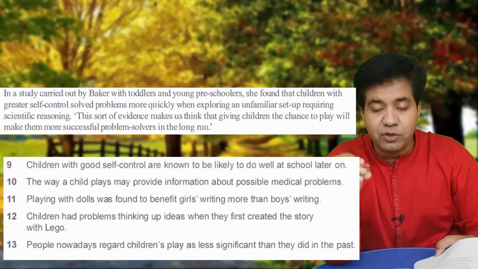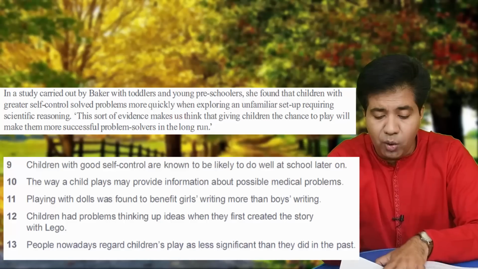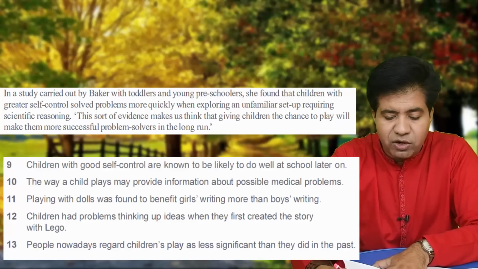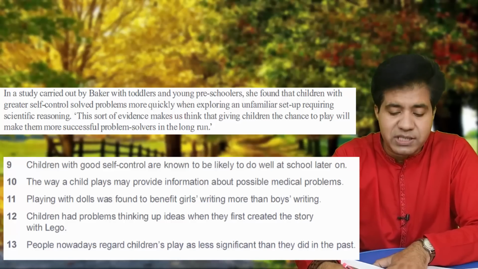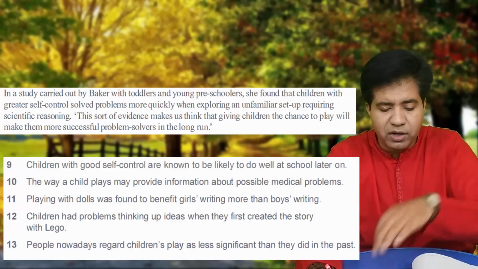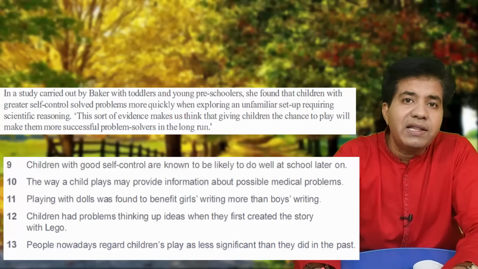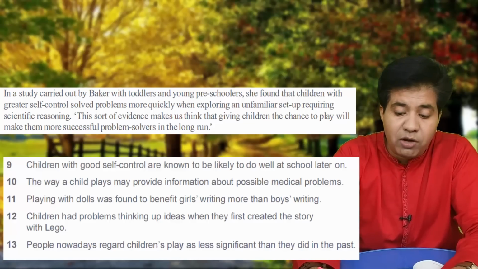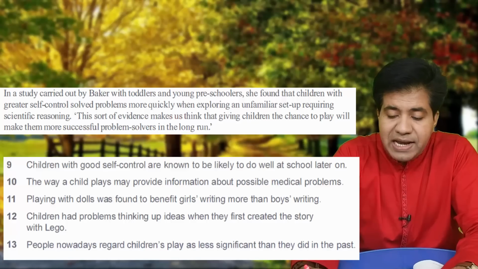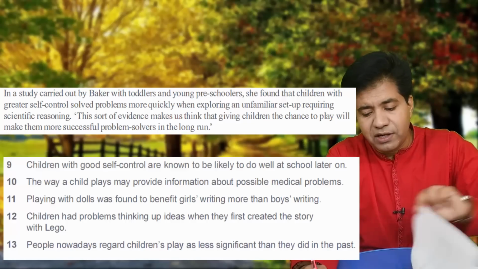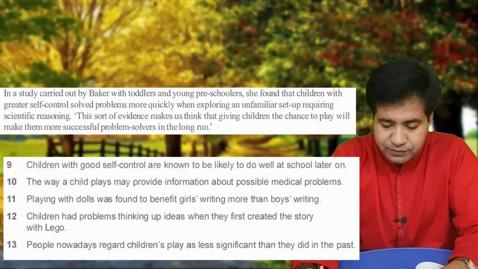So children with good self-control are known to be likely to do well. For to do well, they are using more successful problem solvers, at school later on, and for that they are using the word in the long run.